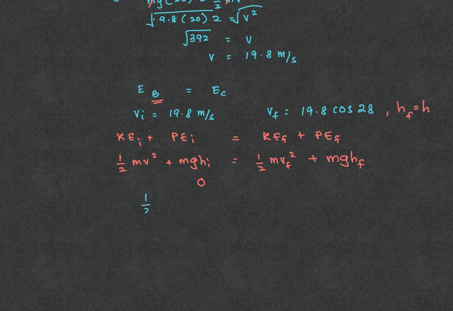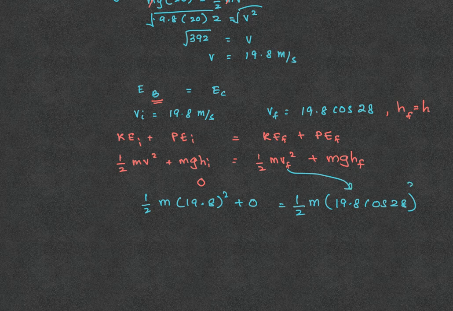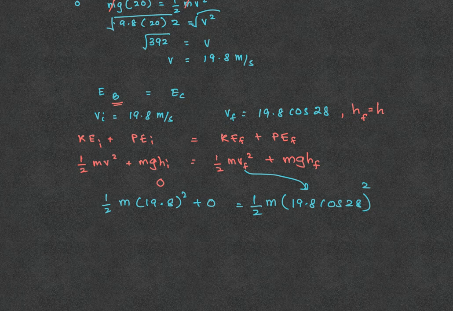So let me rewrite the equation. 1/2 m v squared, with 19.8 squared, and 0 for the potential; on the other side you have 1/2 m times 19.8 cosine 28, that is our new speed at the top, squared, and mgh.